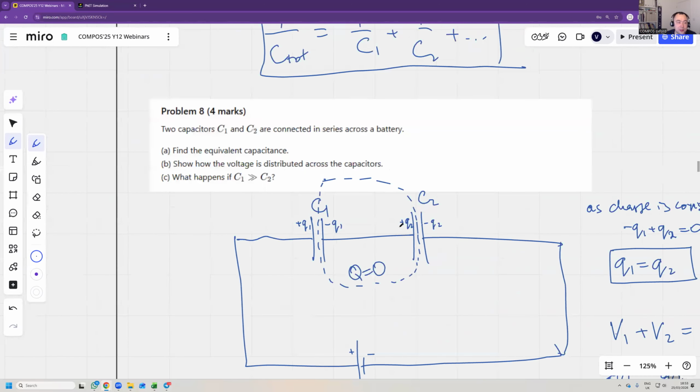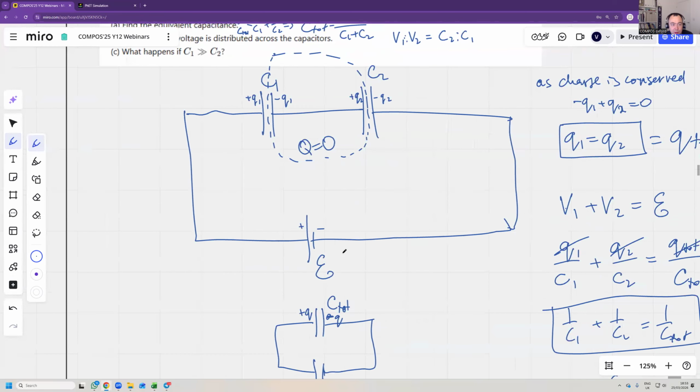All right. So find the equivalent capacitance, 1 over C1 plus 1 over C2. So 1 over C total. So therefore, C total is C1 C2 over C1 plus C2. And the ratio of V1 to V2 is the same as C2 to C1. What happens if C1 is much greater than C2?